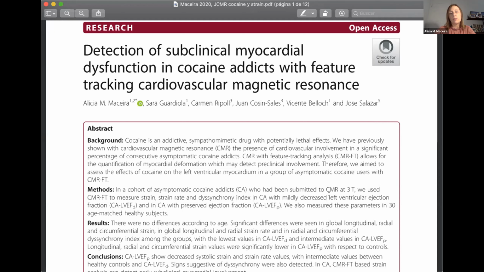The cocaine addicts were classified according to their left ventricular ejection fraction, into preserved ejection fraction and depressed ejection fraction. I don't remember exactly the numbers, but it was more or less equilibrated groups. Let me just check.